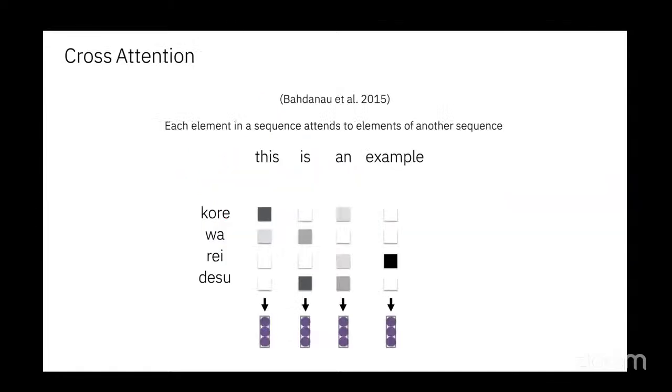Then again, there are two ways to do it, depending on the kind of task I want. If I want to do something like translation, I take input in one language and output in another language. Here, the input is in the source language and the output is in English. Every time I want to calculate the first word, I give the input in the source language and estimate the output, which is a translated sentence in English.